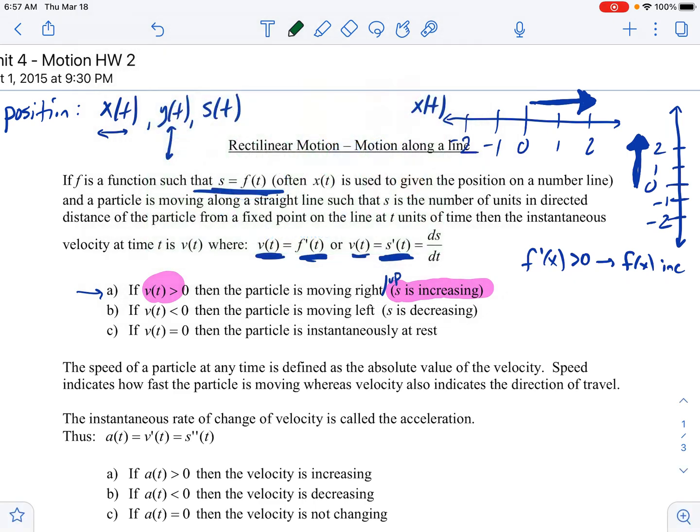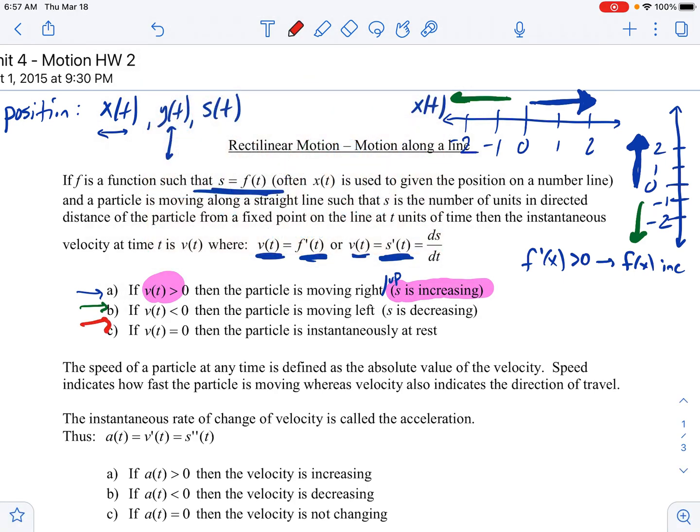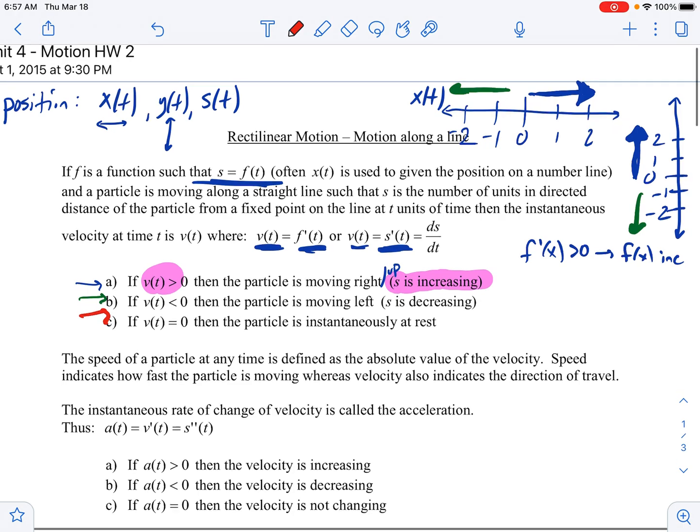In part B, if velocity is negative, the opposite, the particle is moving in the negative direction, which indicates either to the left or down, okay? And if velocity equals 0, then the particle is instantaneously at rest. We're not moving, okay? We're perhaps changing direction, or we're just stopped, okay?